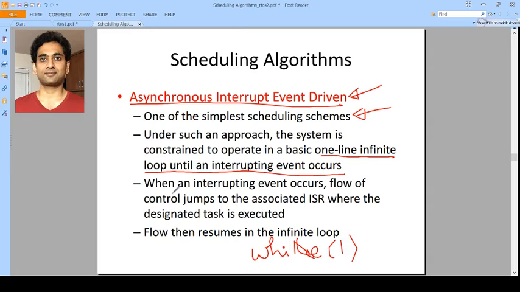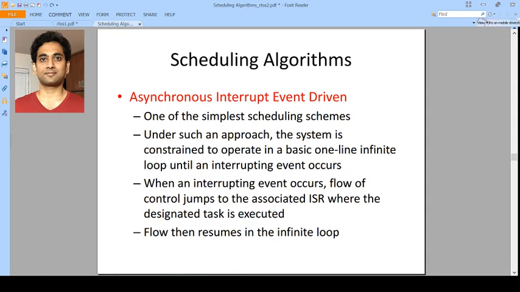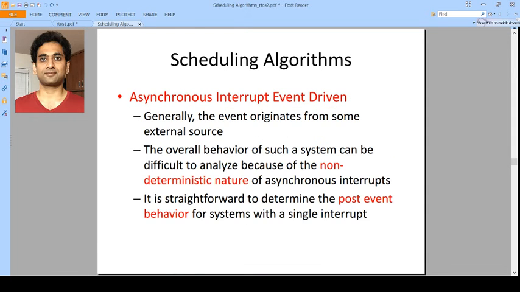And then when an interrupt occurs, flow of control jumps from the main program to the interrupt service routine, where the designated task is executed. And then we come back to the main program or while loop. Flow then resumes in the infinite loop.